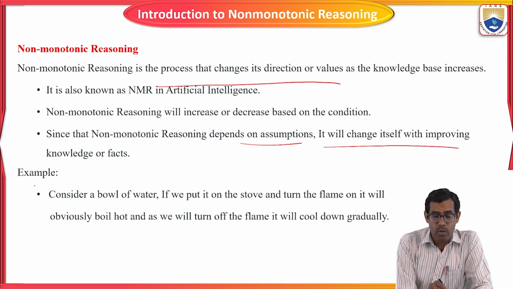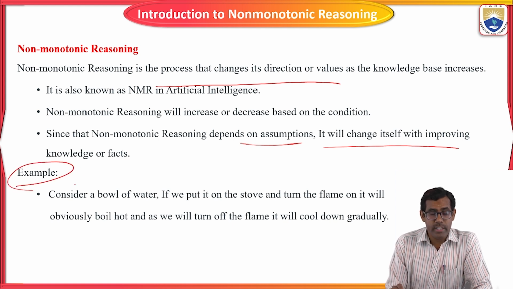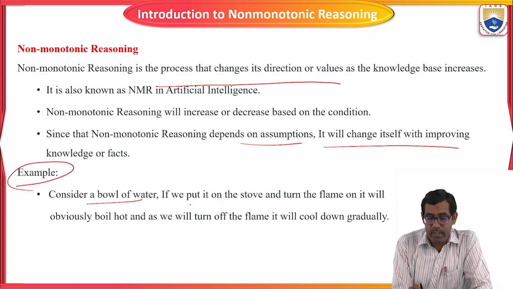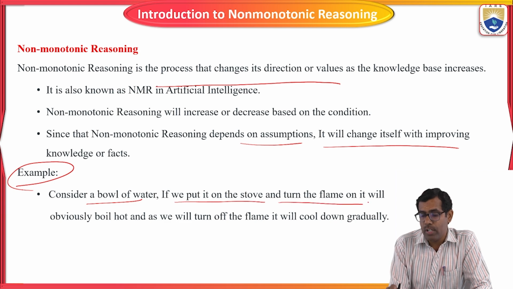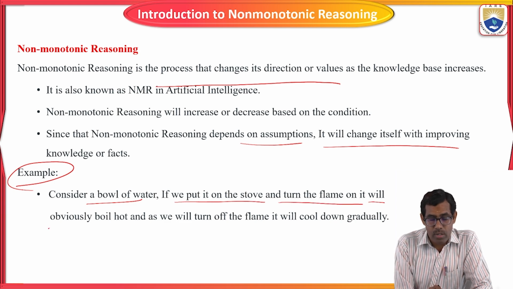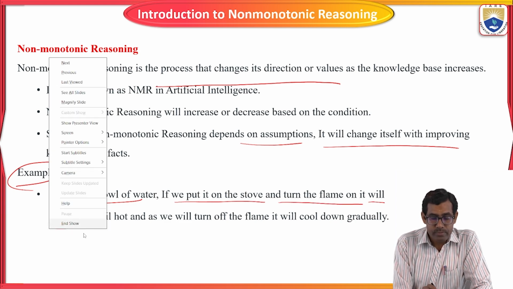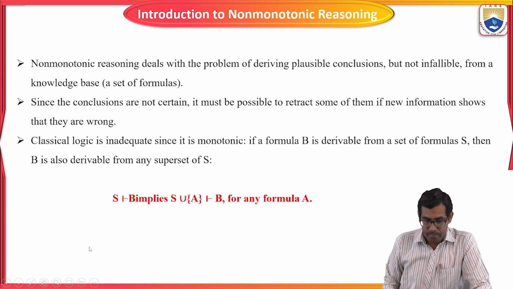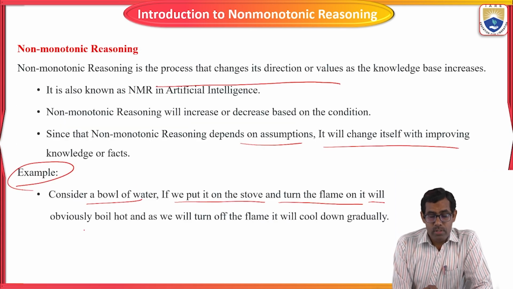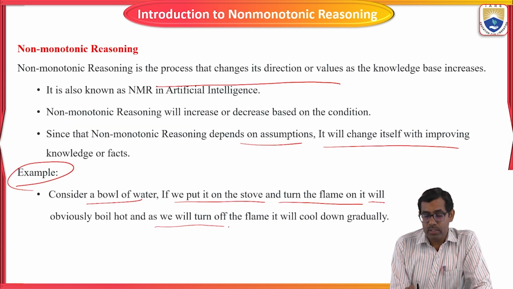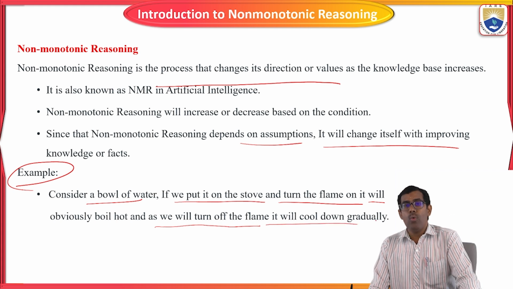So what is an example of non-monotonic reasoning? Consider a bowl of water. If you put it on the stove and turn the flame on, it will observably boil hot, and as we turn off the flame, it will cool down gradually.